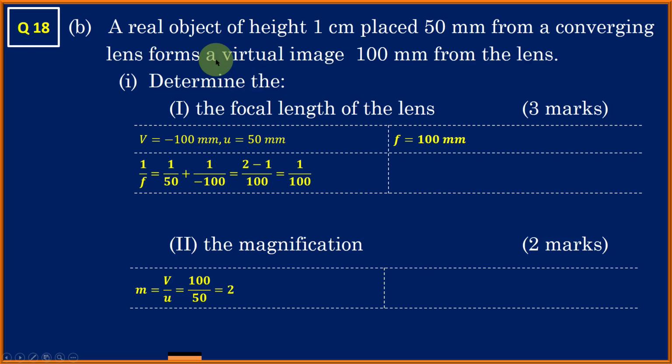It is 100 millimeters from the lens, so this is my value of U. When I use this equation in consideration with the negative sign over there, I get F to be 100 millimeters. And of course, the magnification is V over U, which is 2.